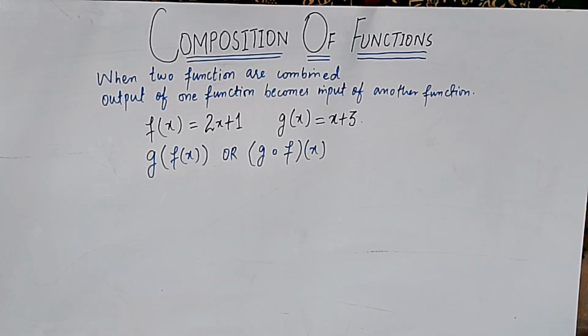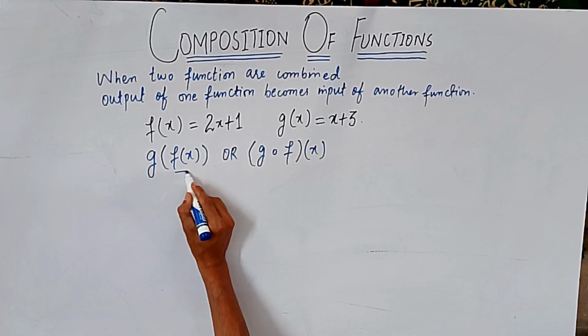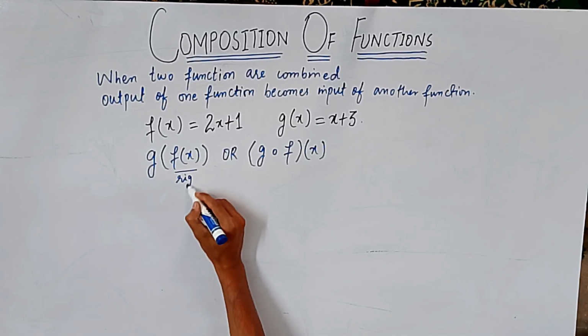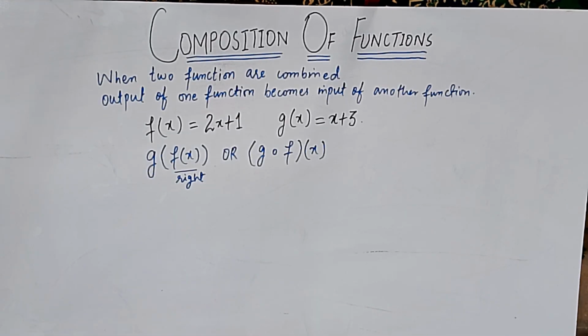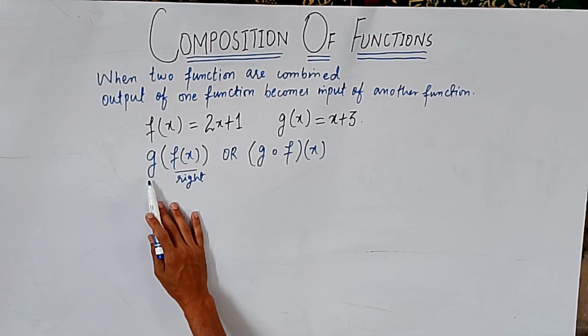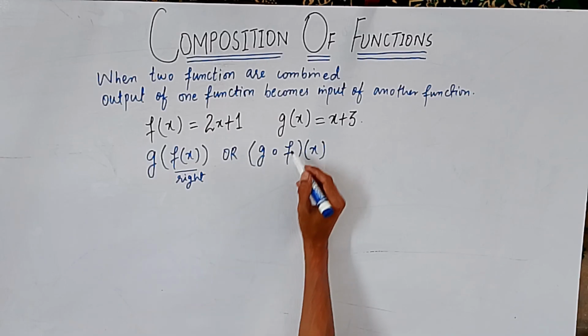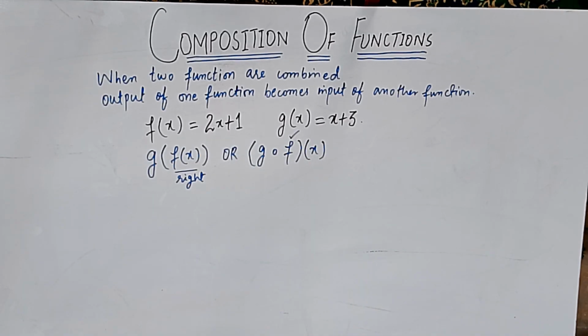If you are trying to find g of f of x, you will see which function is written on your right side. Remember this. Usually we think that whatever function is written first, we will use that first. It is a misconception. You will use the right one first. From your right, you will start operating.